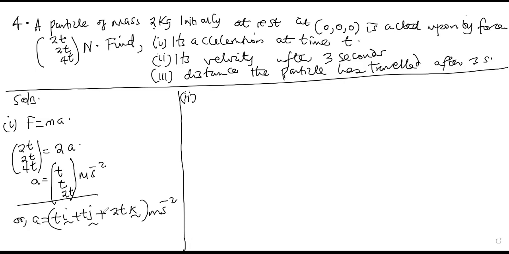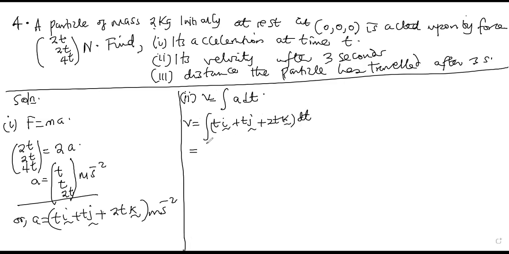With acceleration, you can get velocity. So velocity is the integral of acceleration dt. So velocity is the integral of acceleration, which is ti plus tj plus 2tk, with respect to t.